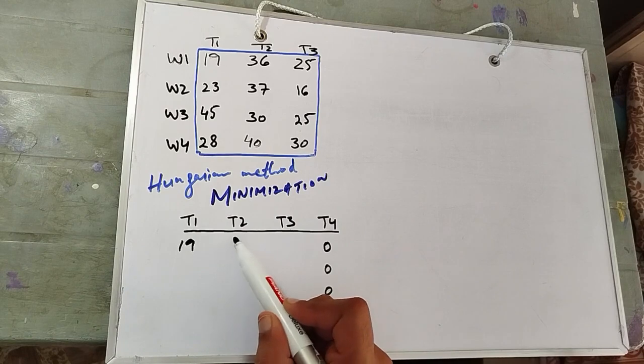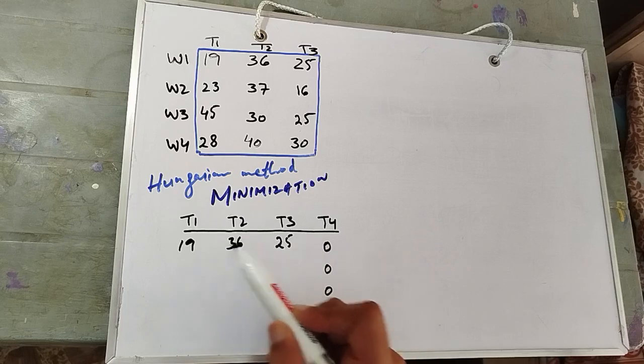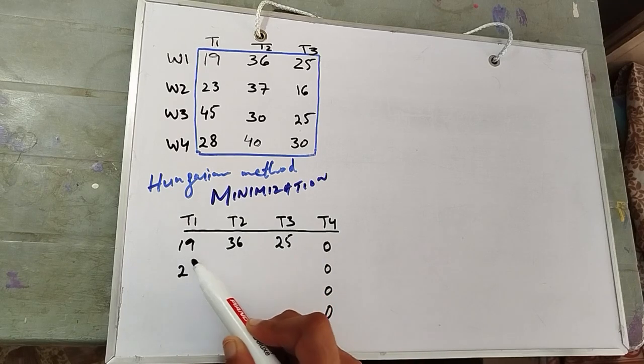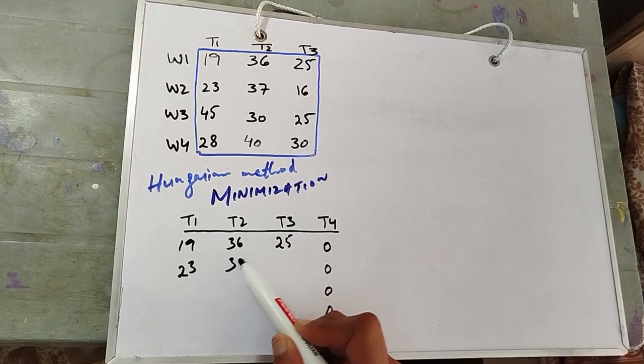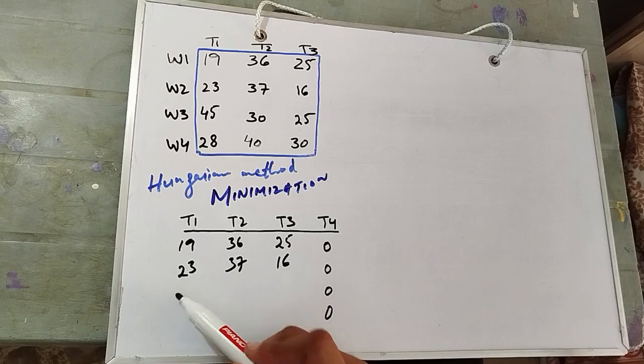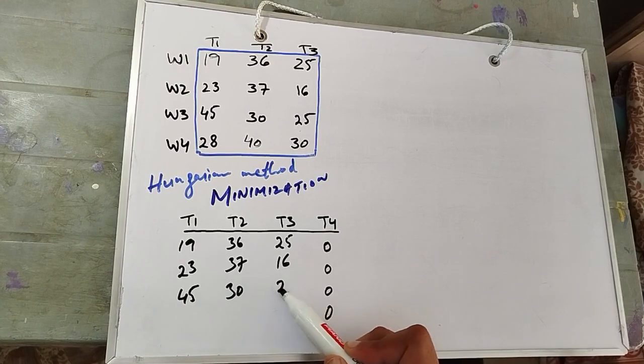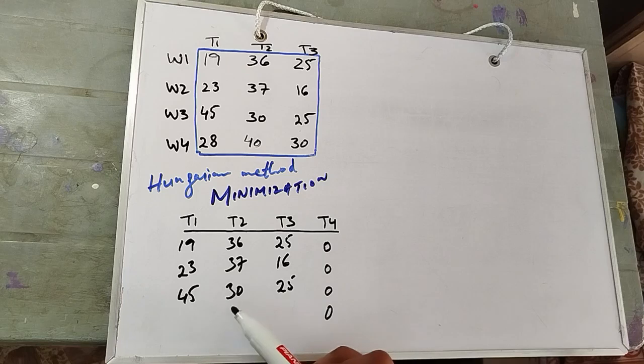19, 36, 25, 23, 37, 16, 45, 30, 25, 28, 40, 30.